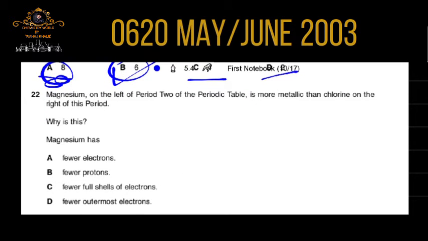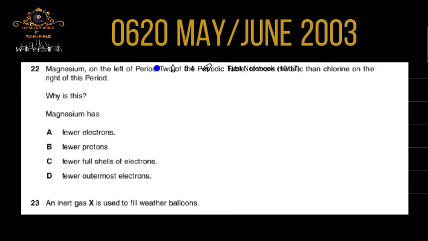Magnesium on the left of period 2 of the periodic table is more metallic than chlorine on the right of this period. Why is this? Magnesium has fewer electrons, fewer protons, fewer full shells of electrons, or fewer outermost electrons.